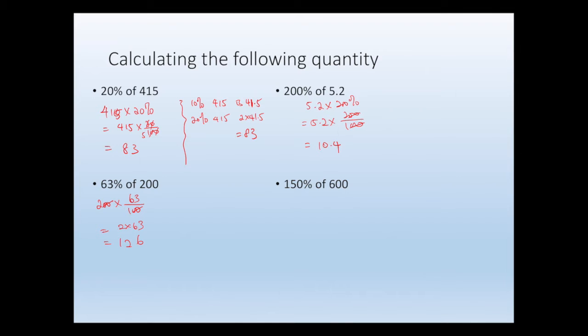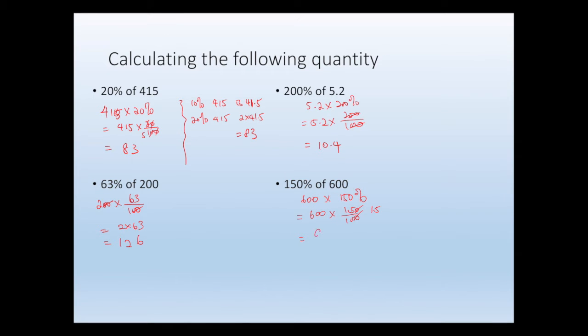Finally, 150% of 600. Again, pause the video for a while and work it out. So now, 600 times 150% is 600 times 150 over 100, which is 1.5.